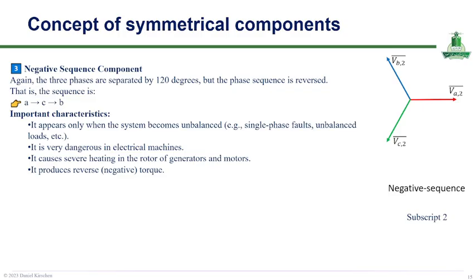In this case, the three-phase quantities are still balanced in magnitude and separated by 120 degrees, but the key difference is that the phase sequence is reversed, and the order is ACB instead of the normal condition.